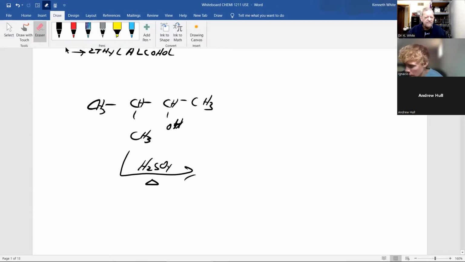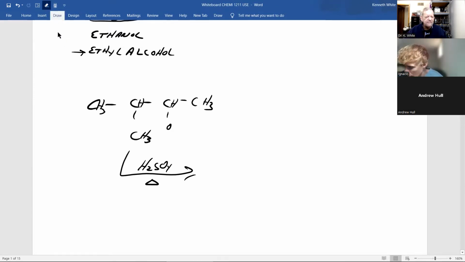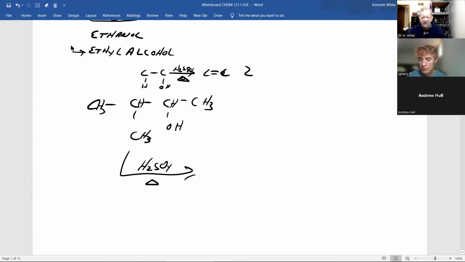Hold on. That looks better. So how do you do this? Well, you look what's different, what's not carbon, what's not hydrogen. Should get your attention like that. And, ooh, oxygen with a hydrogen and a carbon, that's an alcohol. But since we're reacting it with sulfuric acid, we'll get a double bond, and it follows Zaitsev's rule.